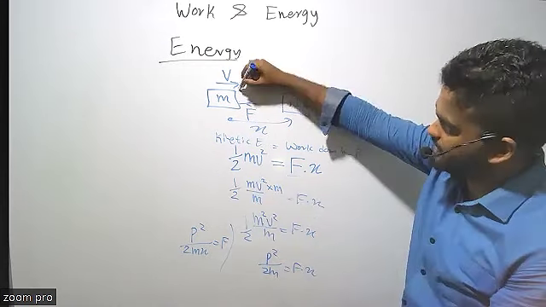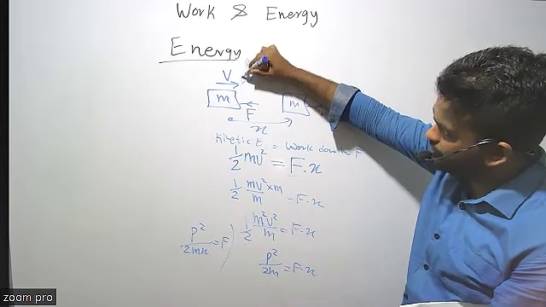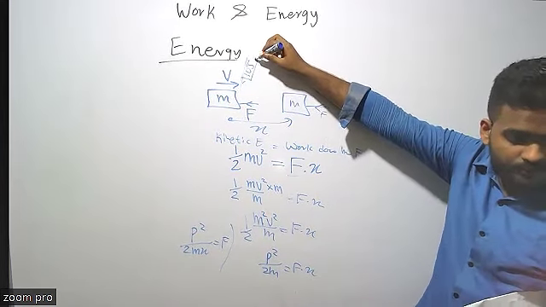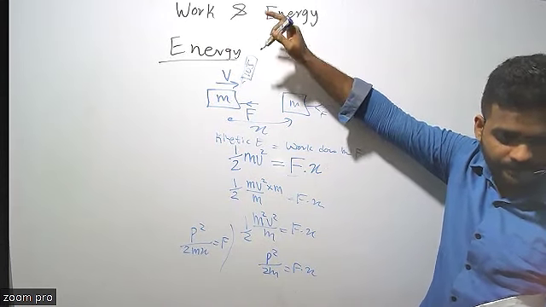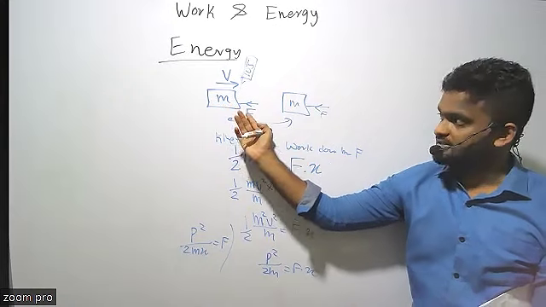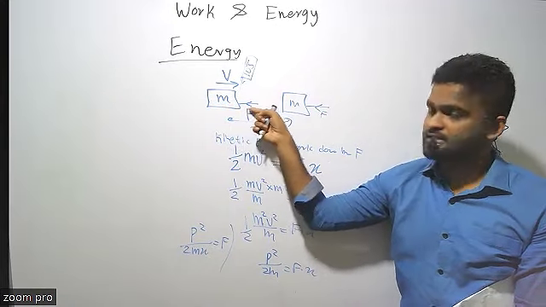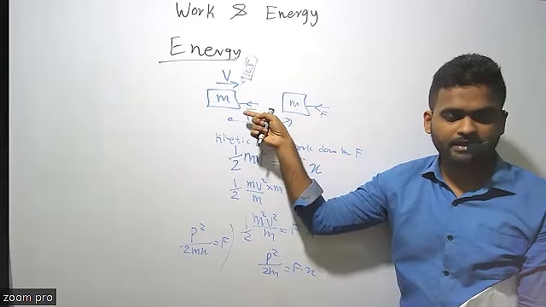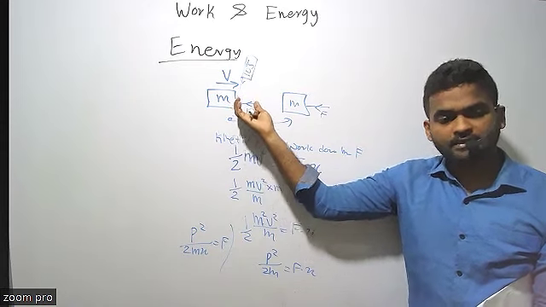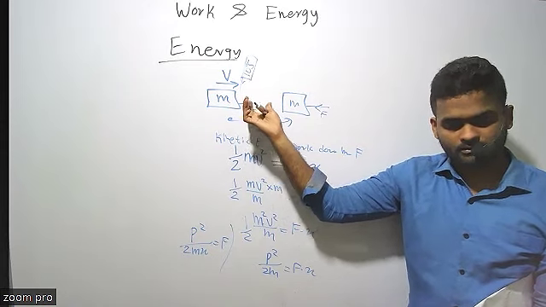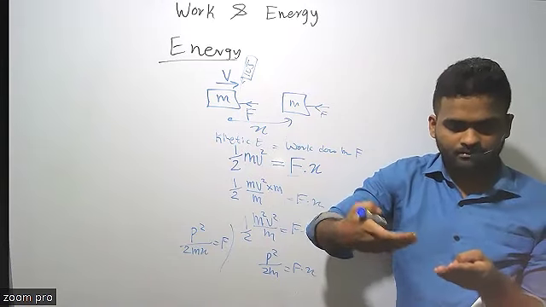Let's say this had like 10 joules of kinetic energy here. Let's say this is friction. So friction is applying on that. Due to this friction, the object slows down, meaning kinetic energy is being lost.